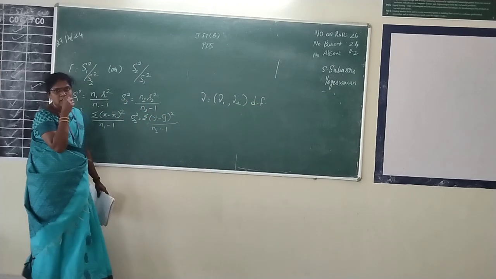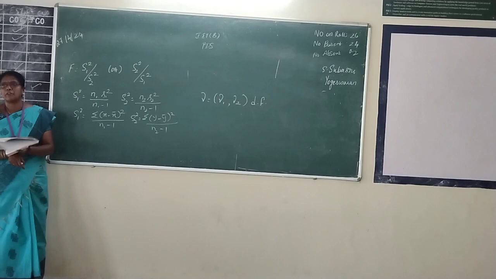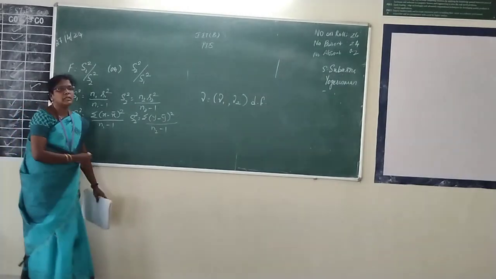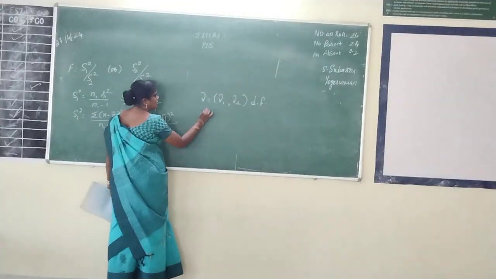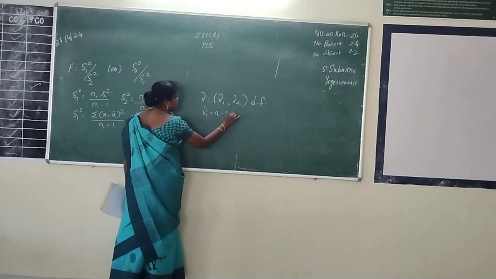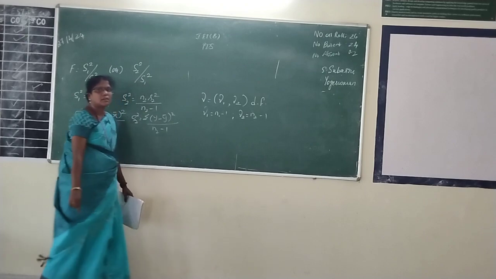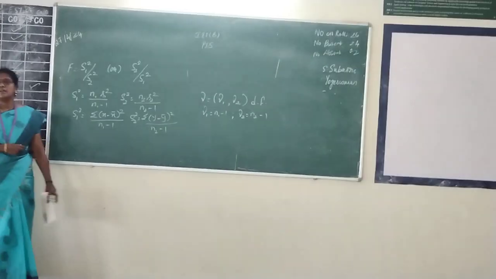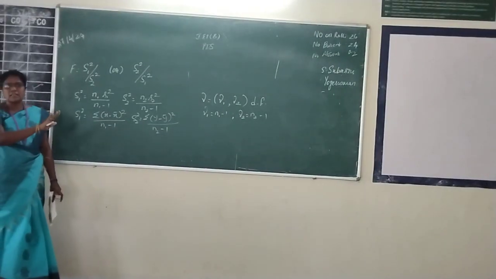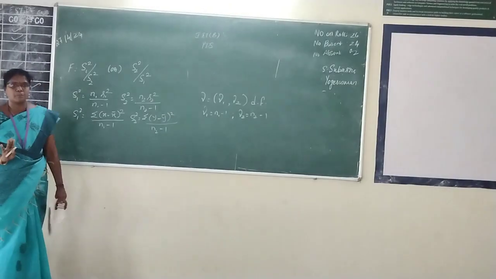Here it is not a single value, it is an ordered pair of degrees of freedom: nu1 comma nu2, where nu1 equals n1 minus 1 and nu2 equals n2 minus 1. Generally we write it like this, but it will also change depending on the problem.